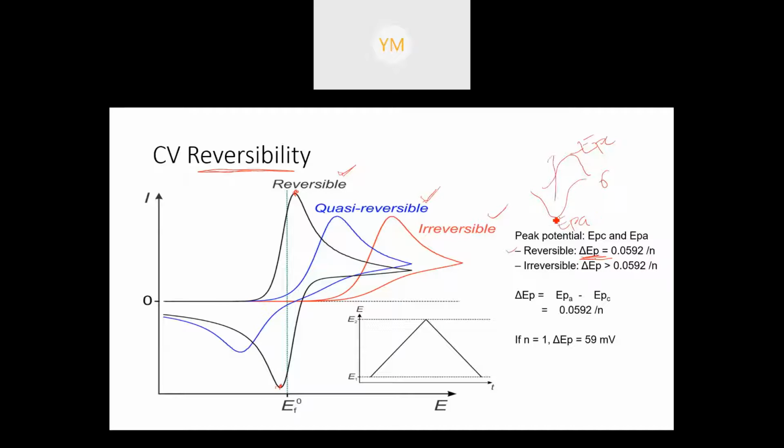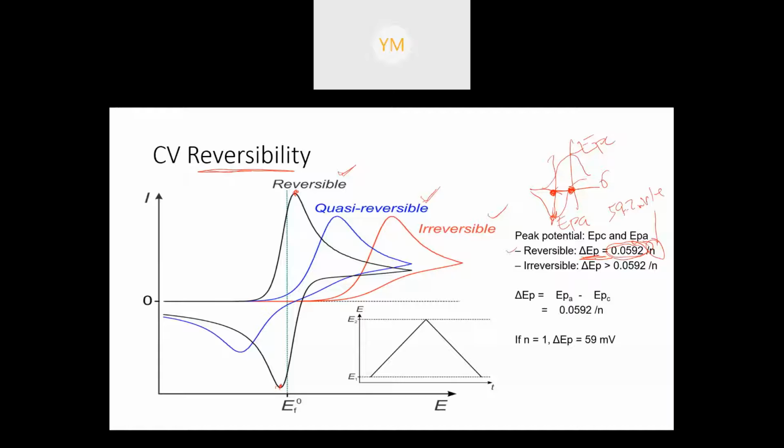The separation gap between these two peak potentials for one electron transfer is about 59.2 millivolt. Around that 60 millivolt, we consider that the reaction is reversible.